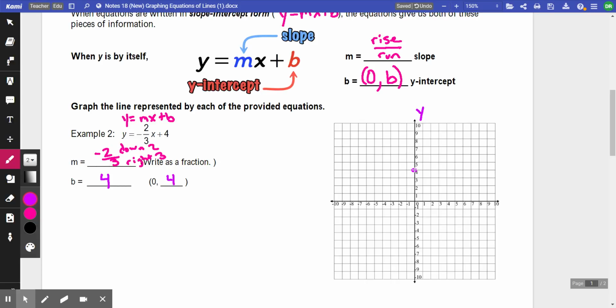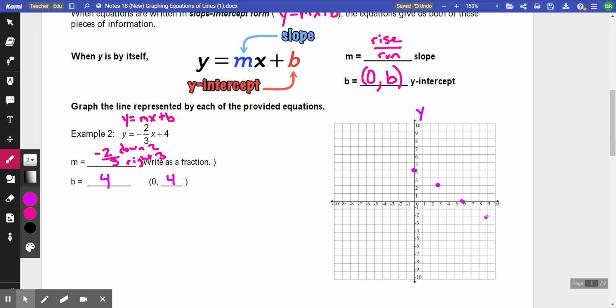So now we have our point, and now we're going to move. Our slope is negative 2/3, so we're going to go down 2 and to the right 3. Down 2 and to the right 1, 2, 3, and plot a point. Down 2 and to the right 1, 2, 3, and plot a point. If I continue, I'd go off the page. So now I'm going to reverse it.